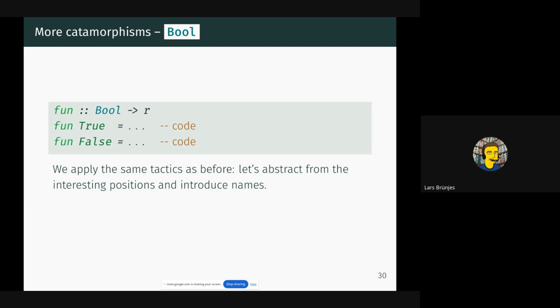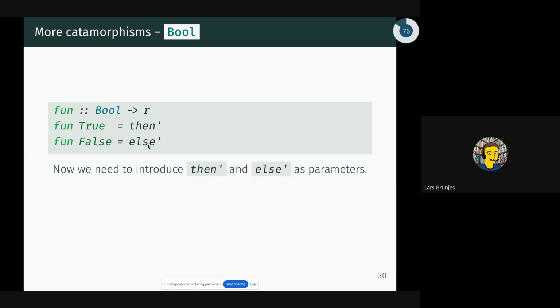And now let's do the same that we did to arrive at foldr. So we have these interesting positions, that's this dot, dot, dot for the True and dot, dot, dot for False. And what we did was give them names. So let's call them then' and else'. Similar, the same happened for foldr and foldl and so on.